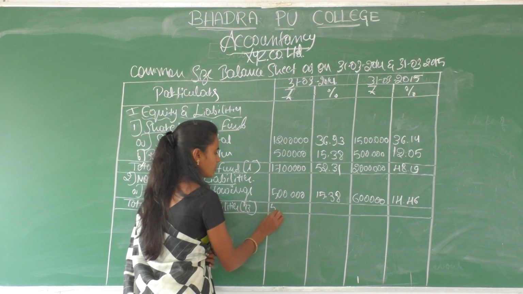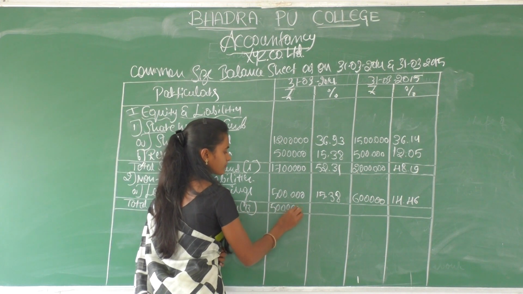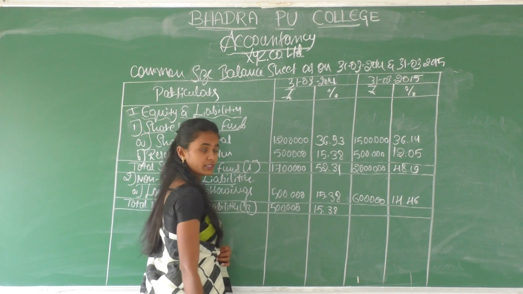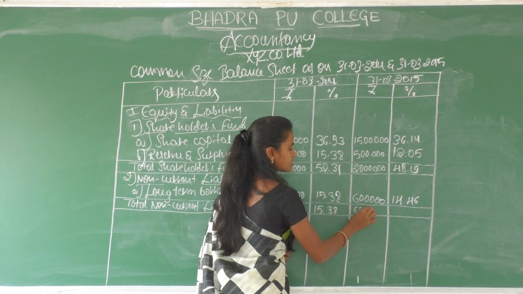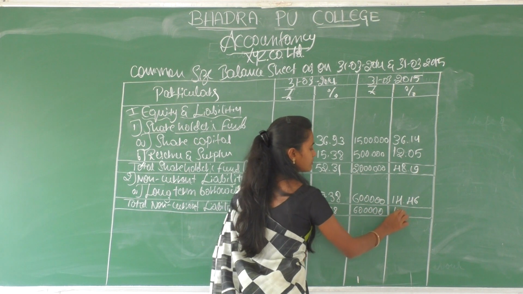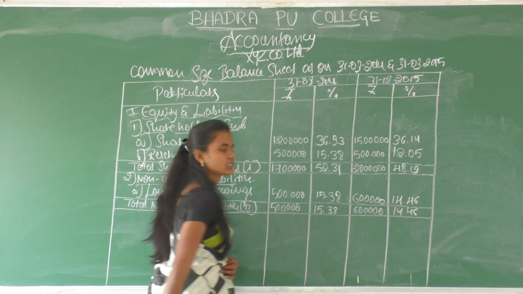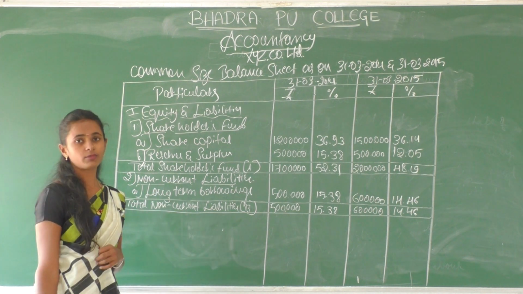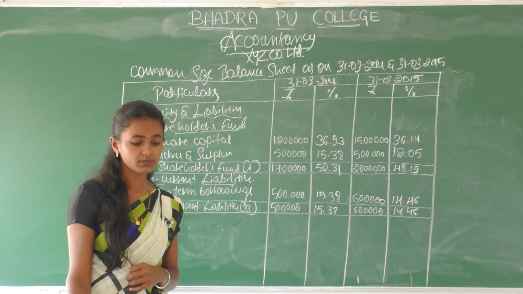So again the same amount, it's 5 lakh, and here it's 15.38 percentage, and here it's 6 lakh, and here it's 14.46 percentage.